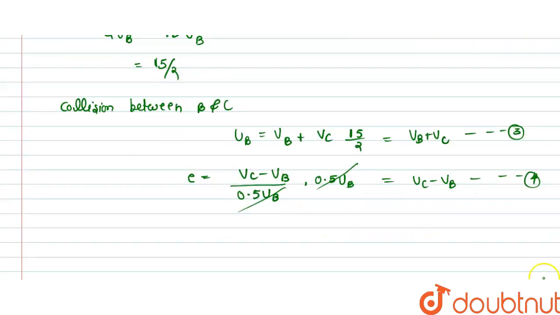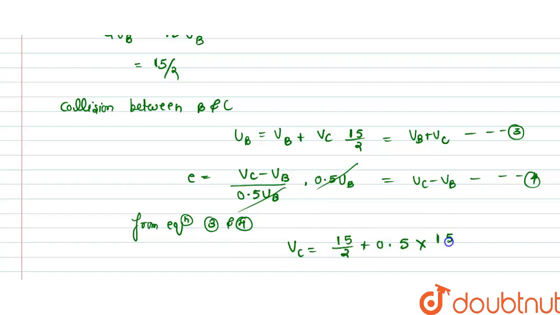So from equations 3 and 4 we get vC equals 15 by 2 plus 0.5 into 15 by 2.